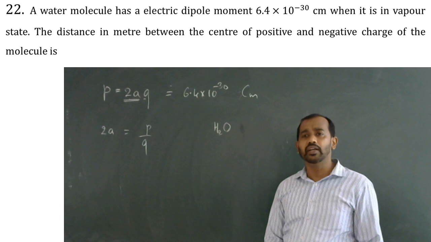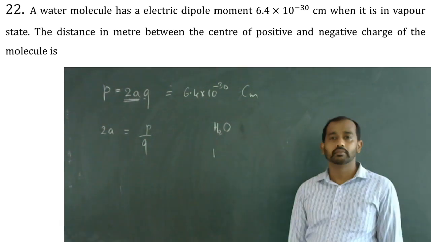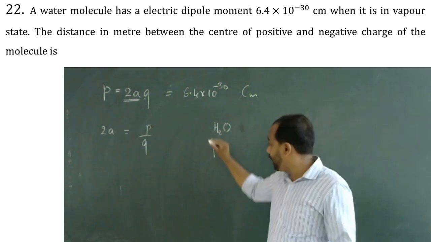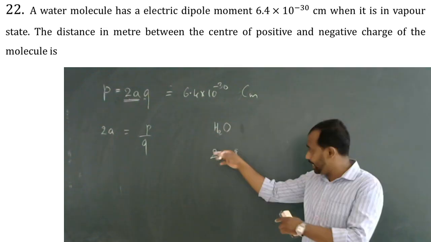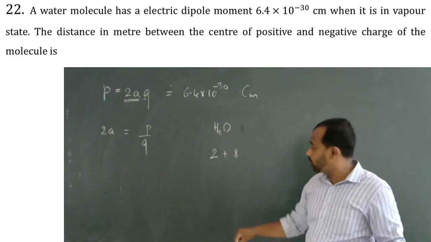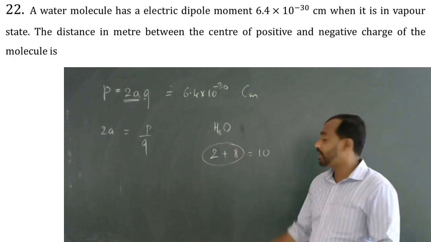So hydrogen contains one proton and one electron each. Since there are two hydrogen, there will be two electrons and two protons. Oxygen will contain 8 protons, 8 electrons. So altogether there will be 10 charged particles. So the value of n is equal to 10.